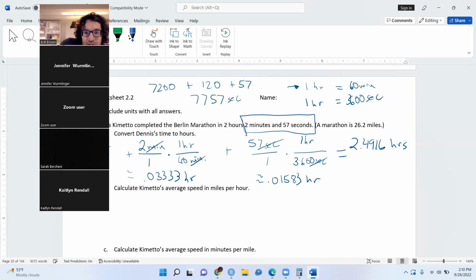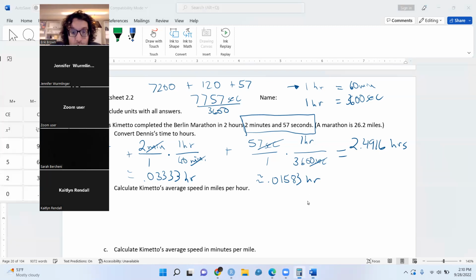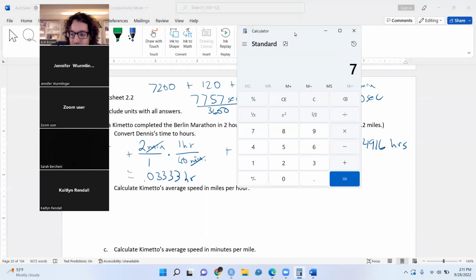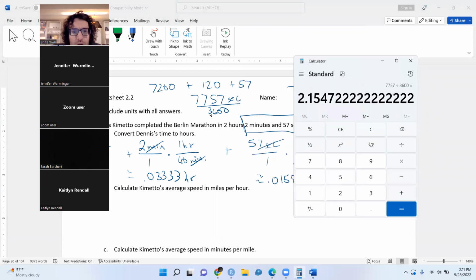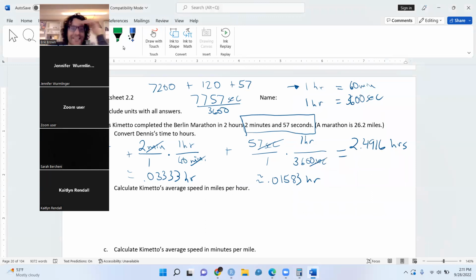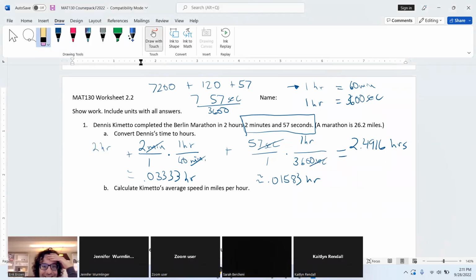7,277 seconds, and then divide that by 3,600. Let's see, do we get the same number? Drum roll, please. Of course we do. It's the same thing. 7757 divided by 3,600. What? Why is it? Wait. Oh, it's added. Nice typer. It should be 7.3.